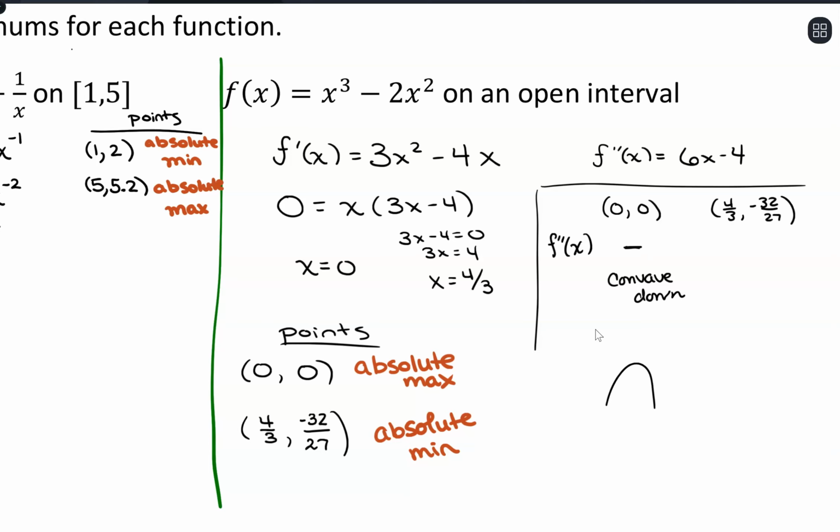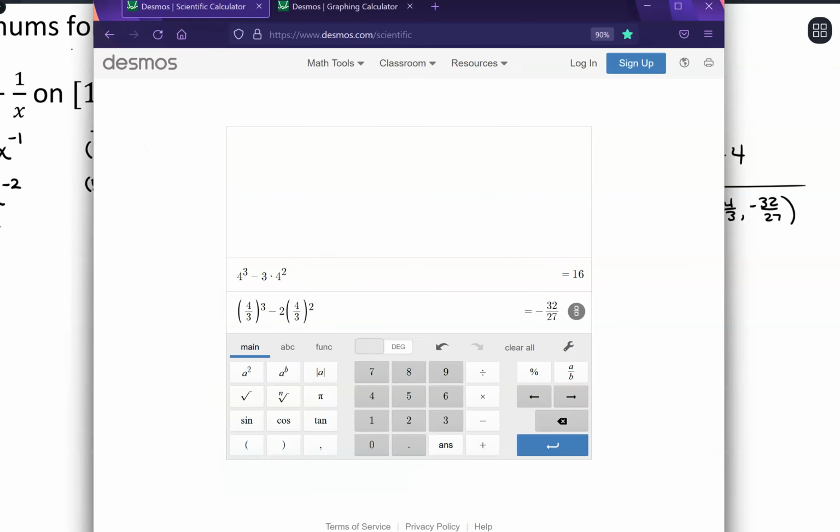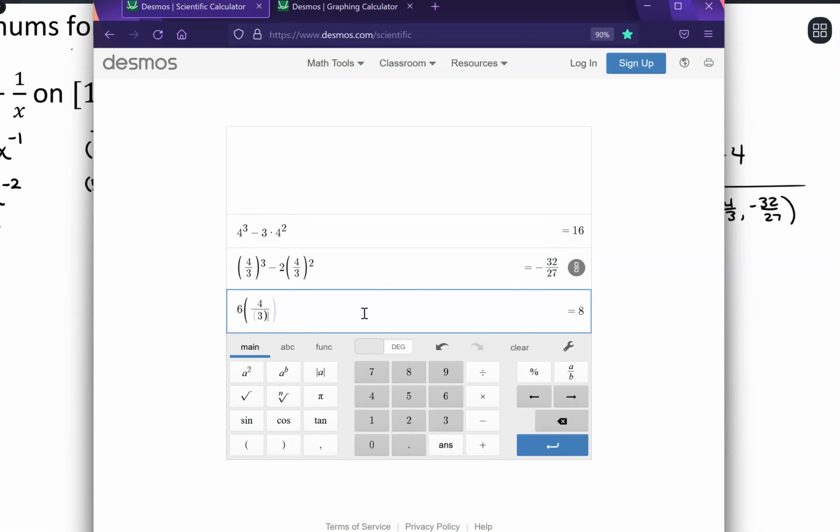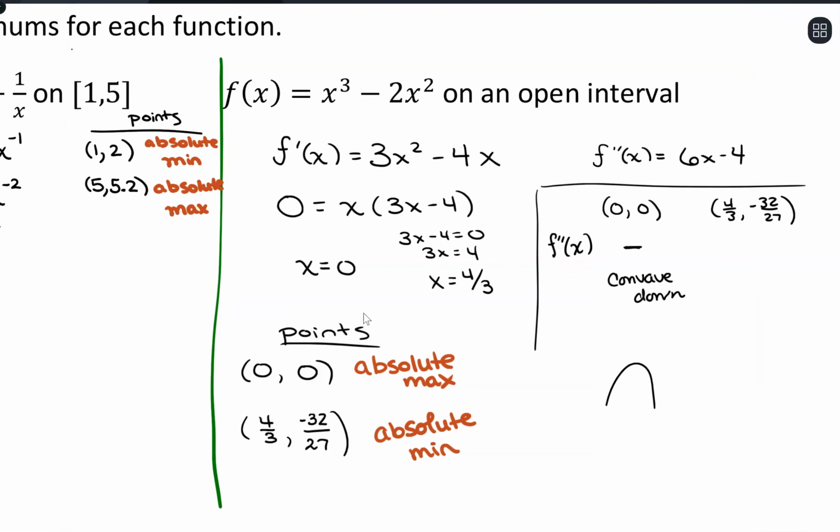And let's see, for plugging in 4/3, again, I'm going to have the calculator help me out here. 6 times 4/3, and then minus 4 is positive. So, oops, sorry, my pen changed there. Positive, which means it's concave up.